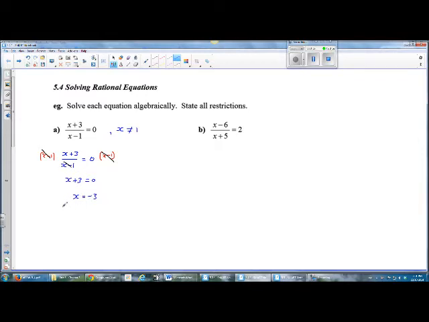To verify this by looking at the rational function, I'd like you to go to Desmos and put the left side of this equation into Desmos and see the graph there.